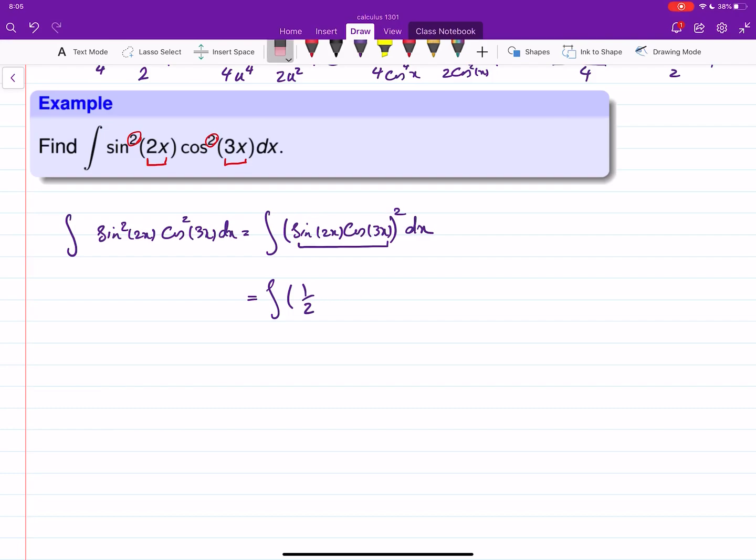In this case this is sine times cosine, so the result will be sums of two sines, half of sine of a plus b plus sine of a minus b.